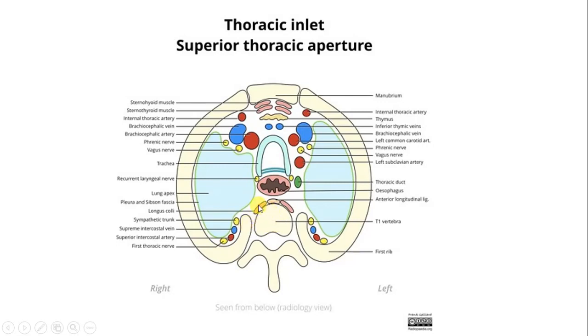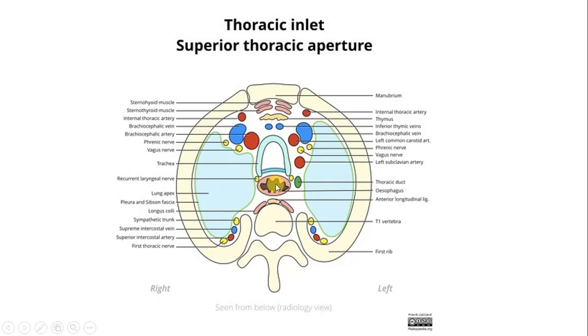Posteriorly on both sides are the prevertebral muscles. If we move to the center, anterior to the vertebral body and the prevertebral fascia and muscle is the esophagus, and anterior to the esophagus is the trachea.